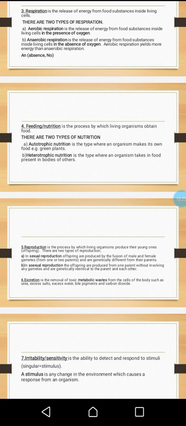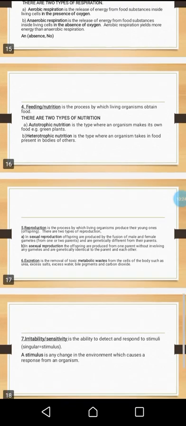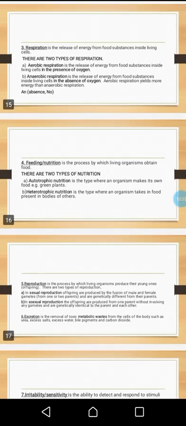So these are the key important differences. The rest is the same. Both release energy from food substances inside living cells. One is in the presence of oxygen, while the other is in the absence of oxygen. So when they tell you to distinguish between aerobic respiration and anaerobic respiration, get the two definitions and join them by the word while or whereas.